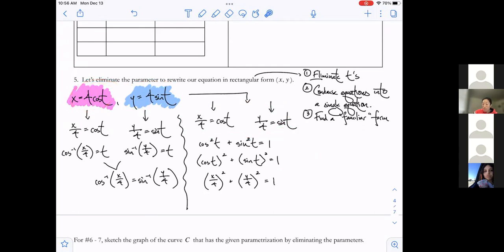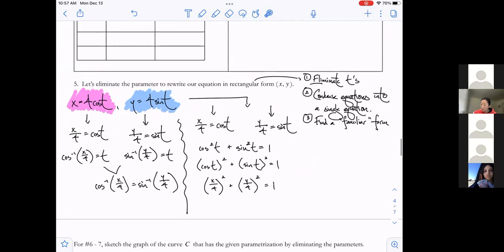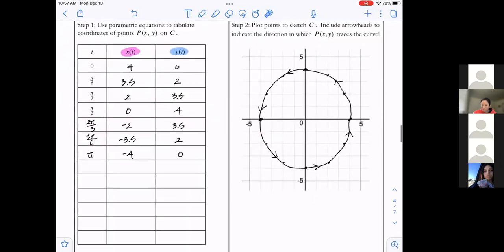Now, before we keep going, because I think we always ask a good question. Lately, some of you have been asking, should it be implicit or explicit? So let's go back to our picture for a moment. We came up with a circle. What was the radius of this circle? 4, right? If I were to write this equation in polar, what would my equation look like?